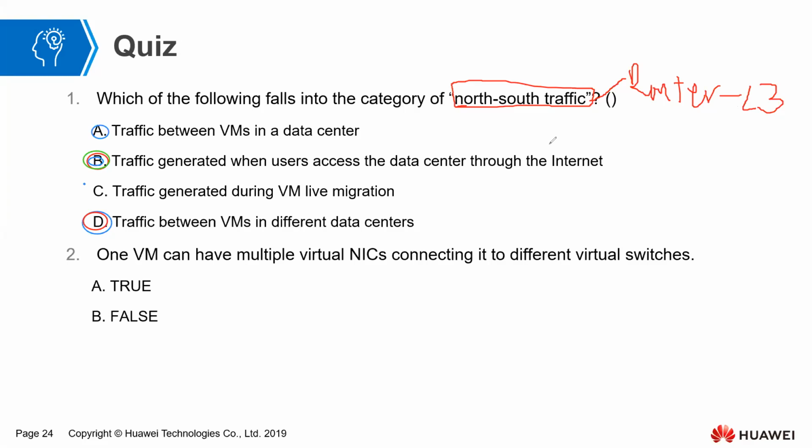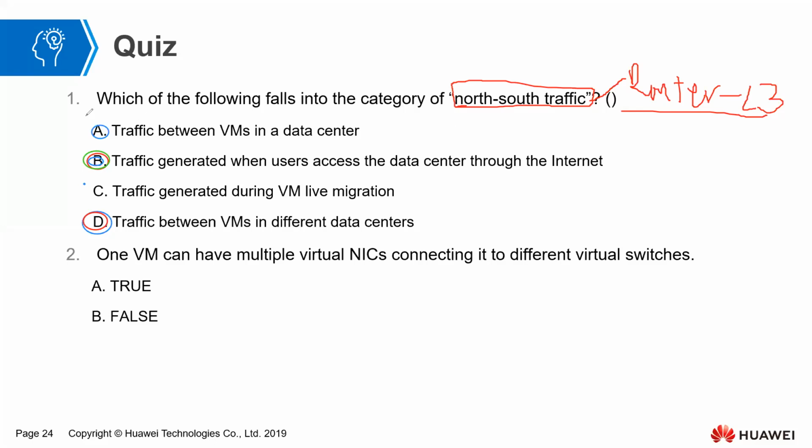Okay, so let us use our elimination method. Traffic between virtual machines in a data center. We can have virtual machines communicating with each other in a data center without going through a router or even a layer 3 device. Agreed? Agreed.